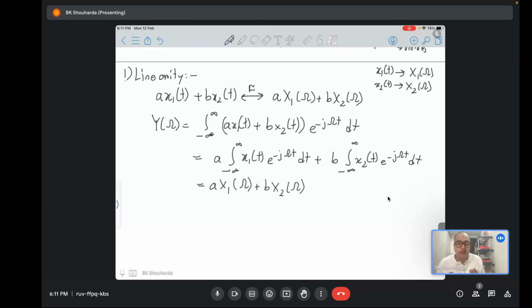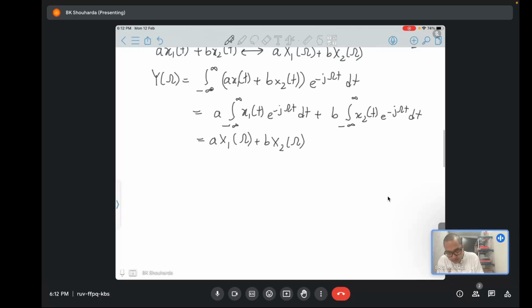And this is actually simple and intuitive, because the integral is itself a linear operation. The integral operation supports homogeneity and superposition, so this is a direct consequence of that.